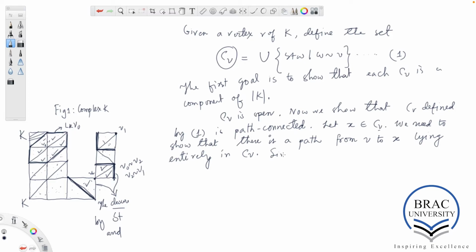Now, since X lies in CV, according to the definition of CV, there exists a vertex W which is equivalent to the vertex V such that X belongs to star of W. Okay, follows from the definition of CV.